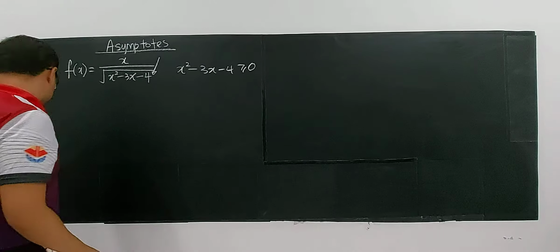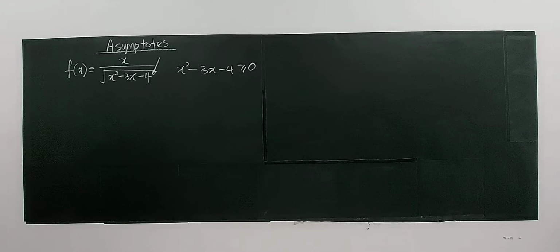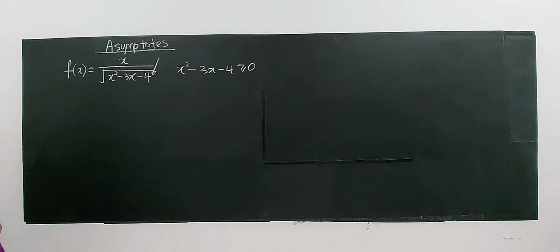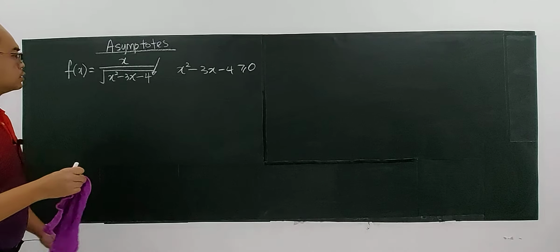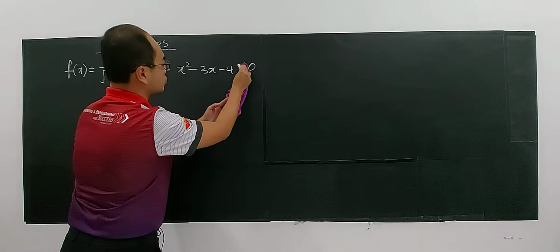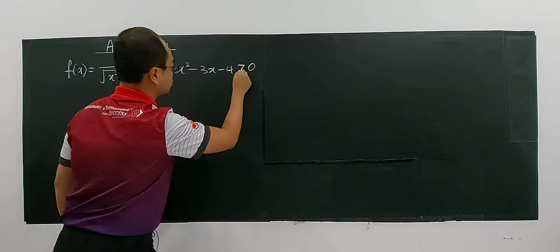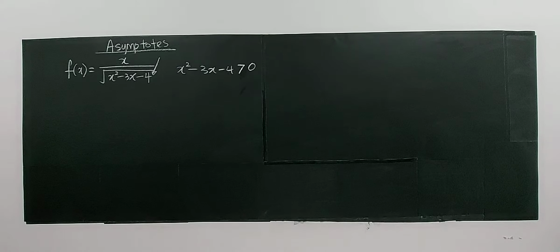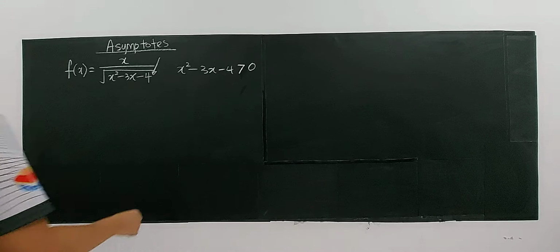But this case is even more special because the square root is on the denominator, where it also cannot accept 0. It must be greater than 0. So we have to look at the domain for this problem.